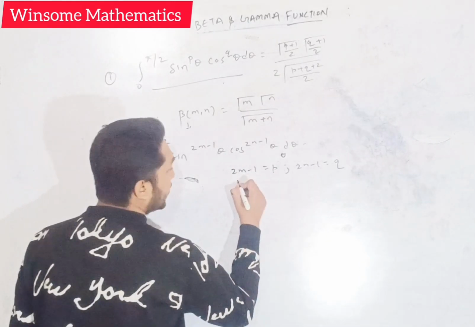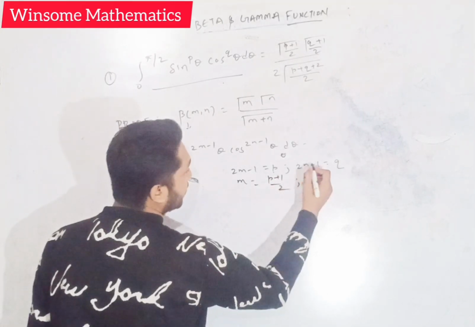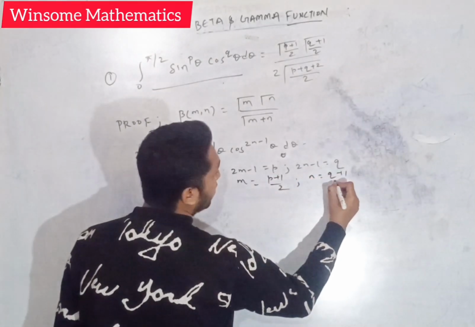So m is equal to p plus 1 by 2, and n is equal to q plus 1 by 2.